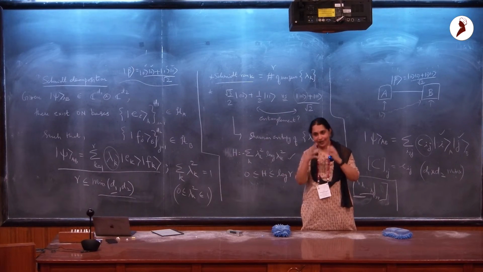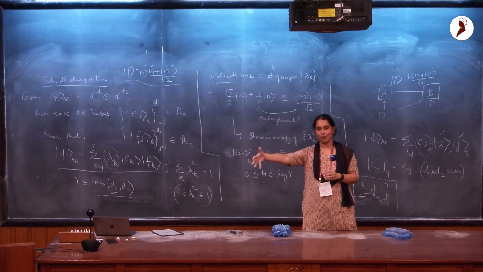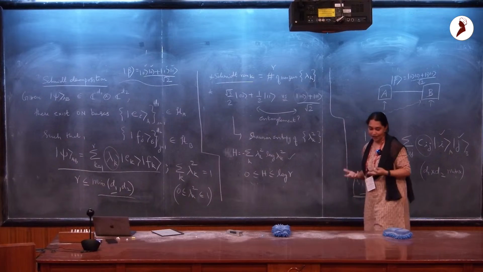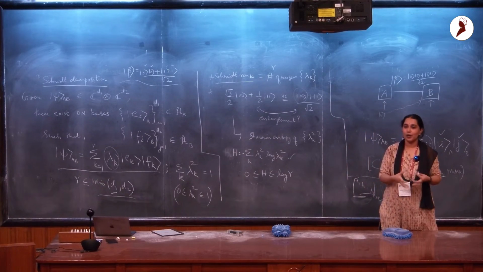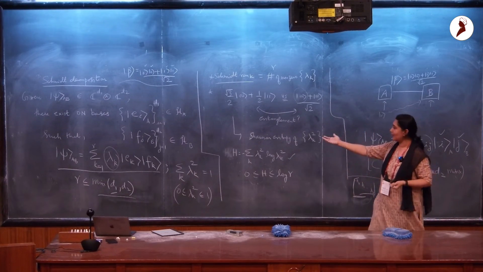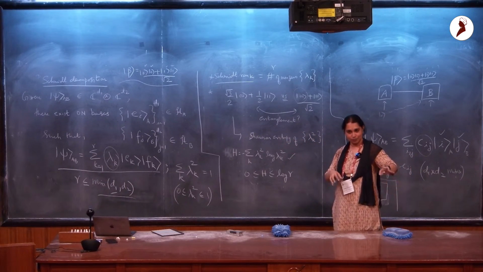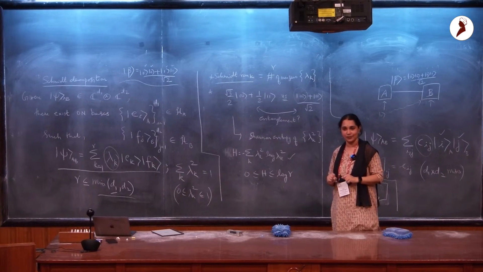What is your initial state of knowledge? Then post measurement, what happens is what one is asking. But before asking that question, I should have actually asked how do I now describe the state? We all realize that you can't simply describe it as one pure state here and one pure state here.